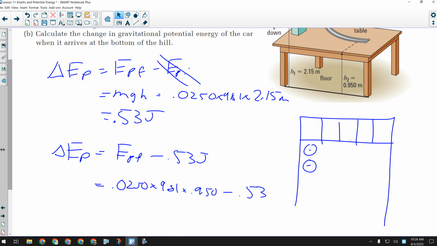That's just a negative. If you don't fill it in, then the computer defaults positive. Somebody might put it in without the negative and get it wrong. I'm not checking your math, I'm checking your understanding. Do you understand that it makes sense in this situation to get a negative number, that the work represents a loss in energy?